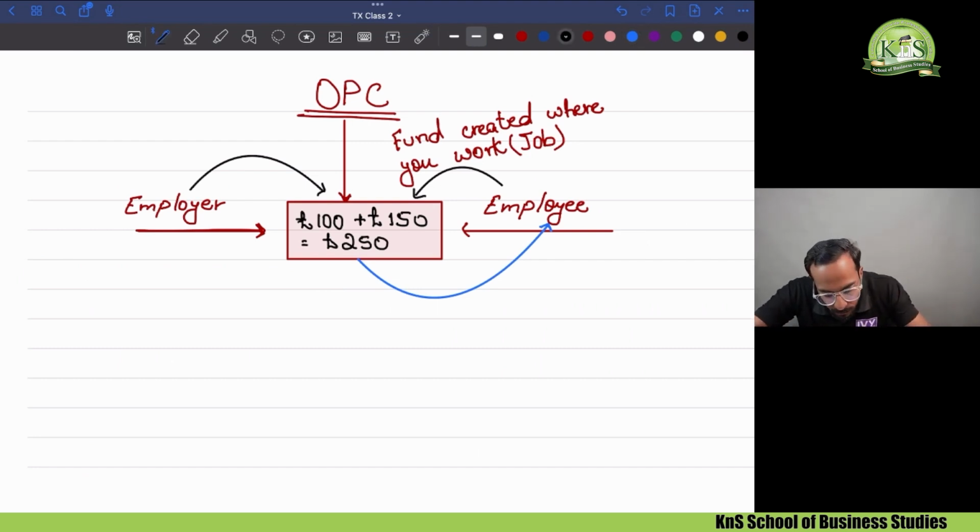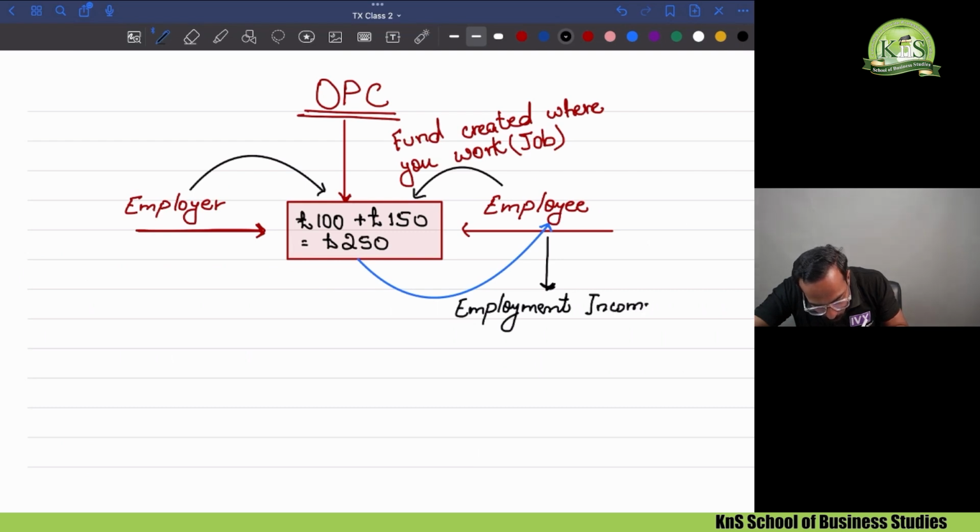See, when we will be learning employment income, we will make a P&L of employment income.